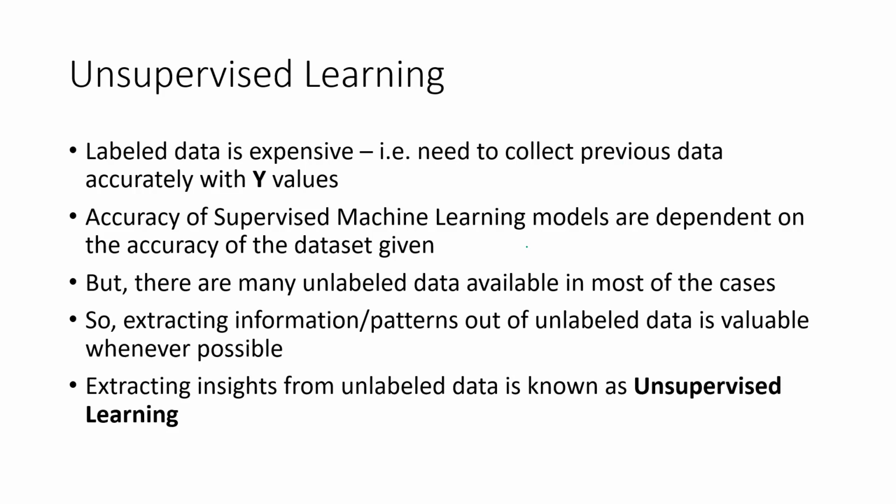For example, if you want to make an AI model, an artificial general intelligence model, it would be very difficult to manually label the data and feed it into a machine learning model. That's why AGI, artificial general intelligence, was not that feasible in the past.